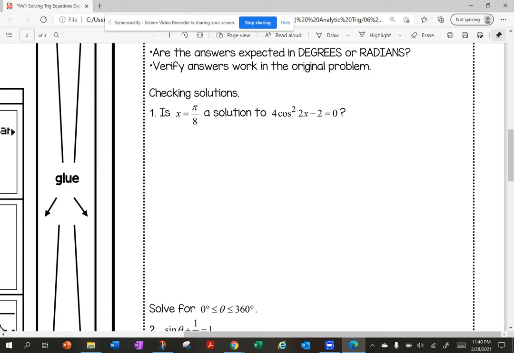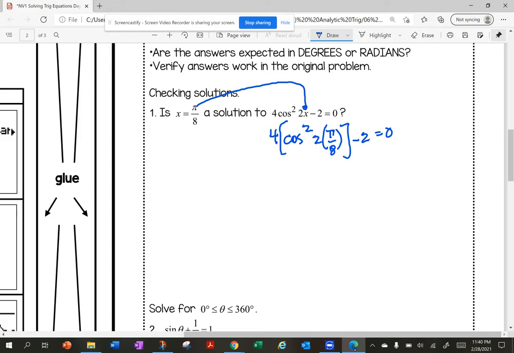Okay, so I'm going to substitute in pi over 8 for x. So substituting in, I get 4 times the cosine squared 2 times pi over 8, minus 2 equals 0.